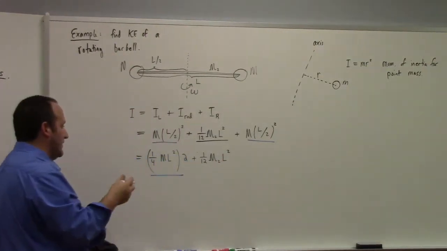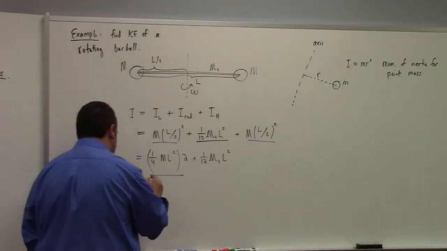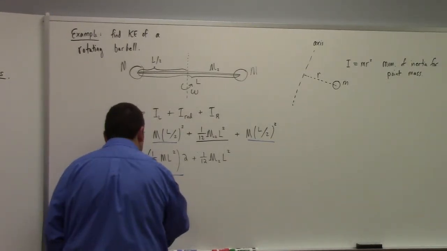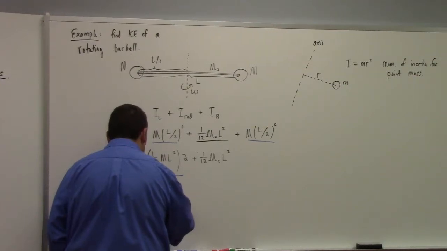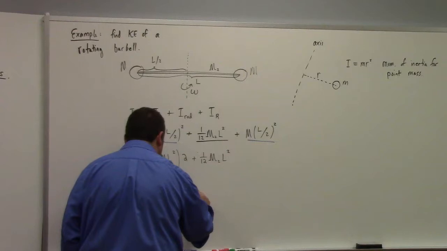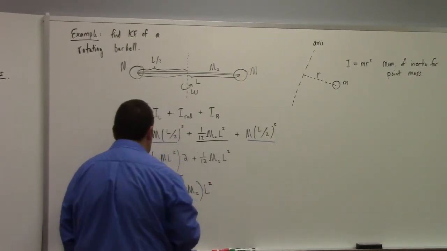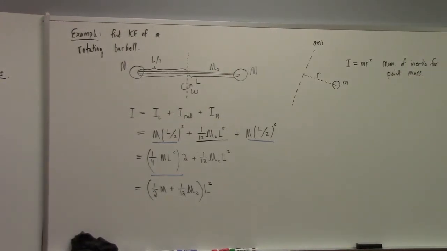I noticed that we've got an L squared on everything. We can factor out L squared, and so what we have is 1/2 m plus 1/12 m2, times L squared. That's the moment of inertia for this system.